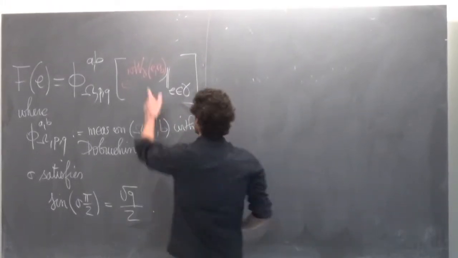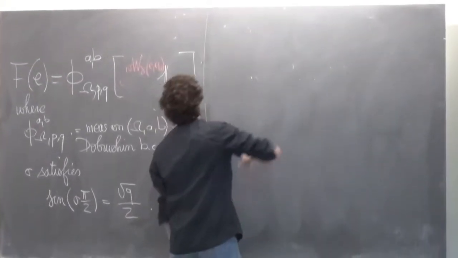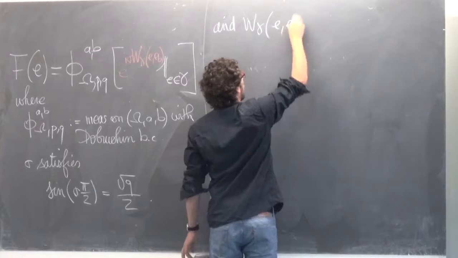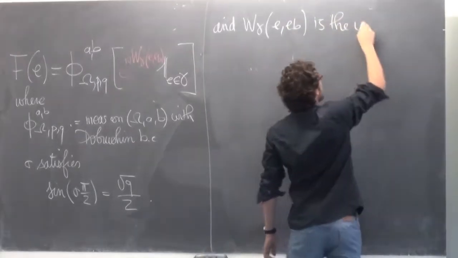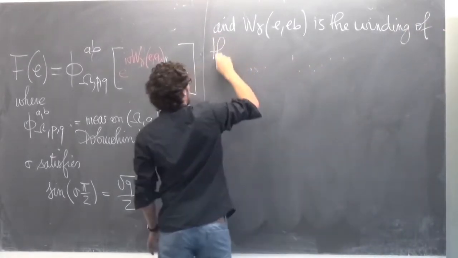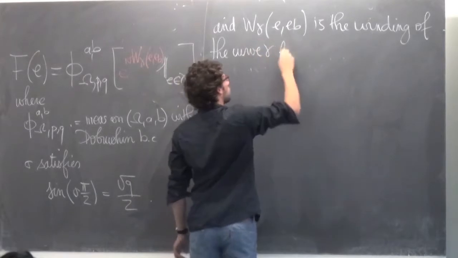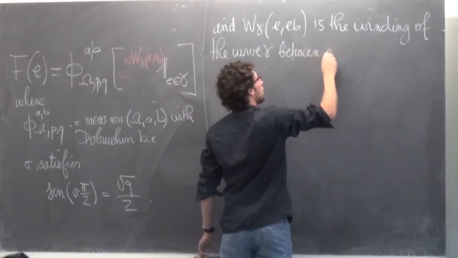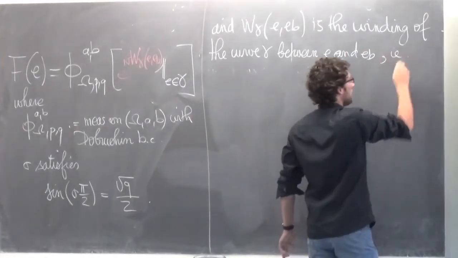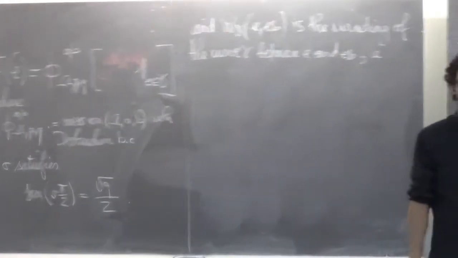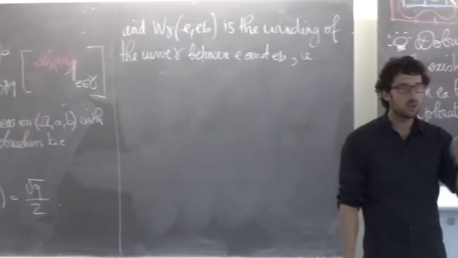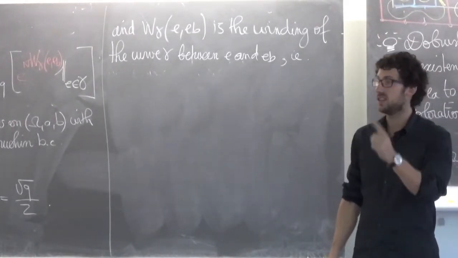And the last thing, I need to tell you what this W gamma E EB is. It's called the winding of the curve gamma between E and EB. So what is the winding? It's simply the number of left turns minus the number of right turns times pi over 2. So it's the total rotation that your curve does between E and EB.